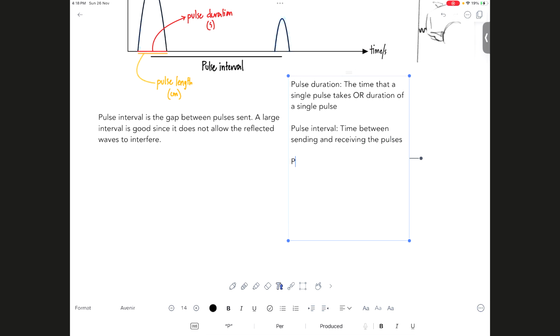Then pulse length: it's the size of the pulse in terms of wavelength.